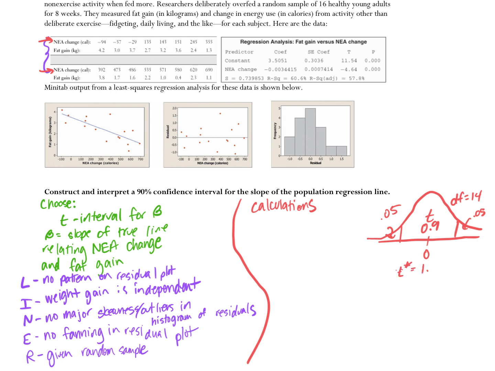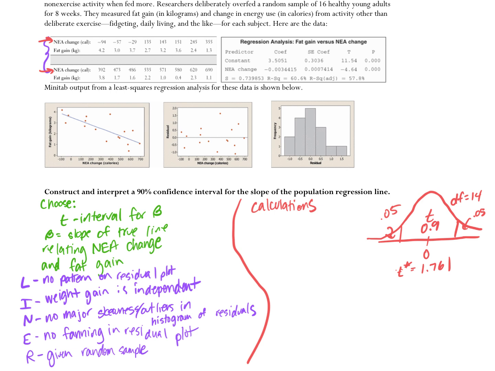You guys, I got 1.761 for my T star. Are we good?